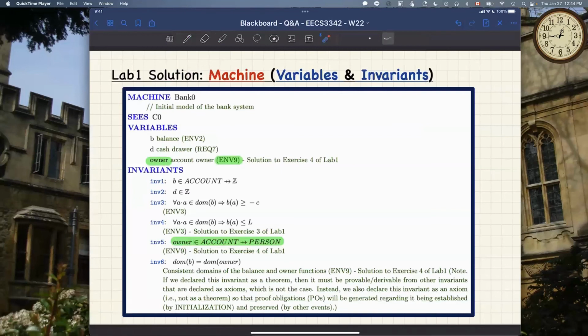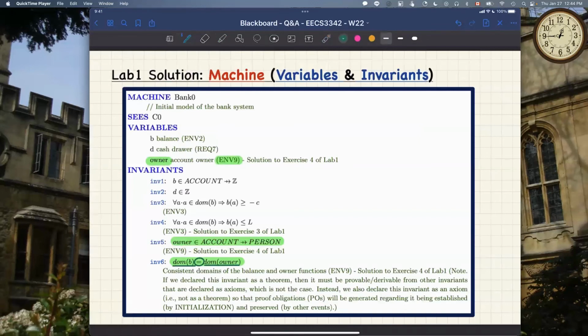All right, and then we got another thing over here. There's a property over here, an invariant. So that will be the domain of the balance function, which we did in the Lab 1 tutorial, and also the domain of the owner function that we just introduced. They should be exactly the same. So we are talking about the same set of active accounts for both the owner and the balance.